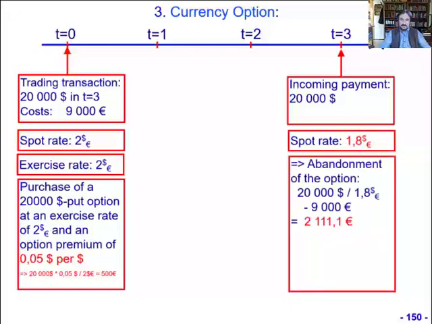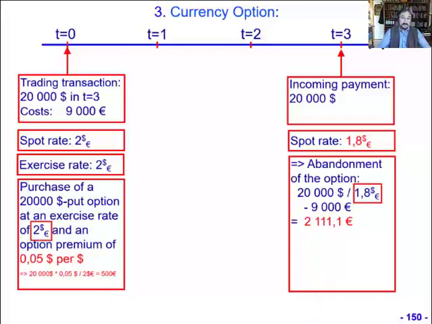In this case, we would receive more euro for these $20,000, namely $20,000 over $1.8 per euro yields, roughly speaking, 11,111 euro minus our euro production costs, which leaves a gross profit of 2,111 euro.